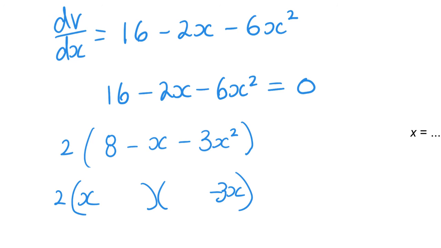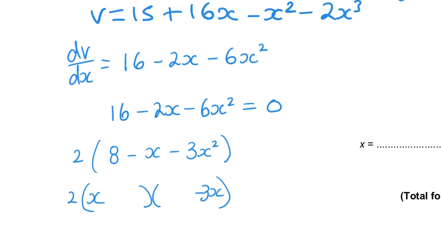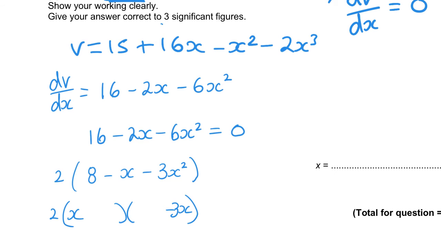Okay, so then we do this, and do you know what we realised? I'm trying to help you factorise this. It wants the answer correct to 3 significant figures, so I'm telling you now it's not going to be a nice number. So we have 2 options now. We can use the quadratic formula, or we can use our calculator with A being minus 6, B being minus 2, and C being 16.